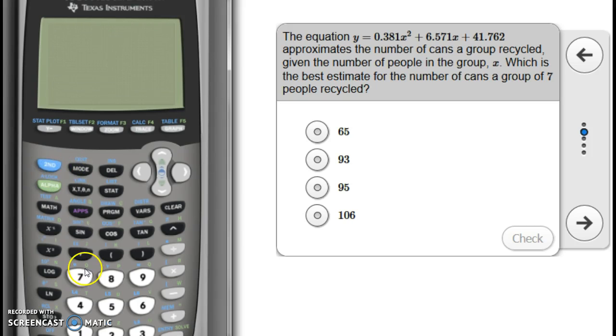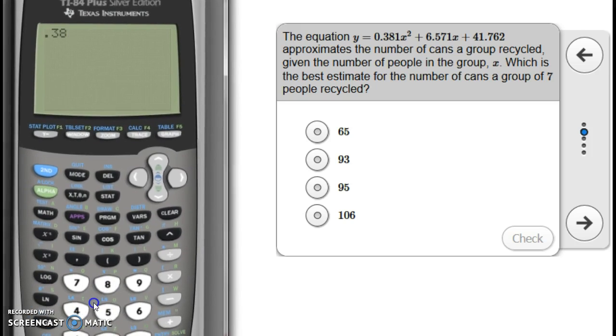Another way to do it is to just plug in x. Notice instead of putting x, I'm putting times 7 because we know the value of x is 7. And you'll get the same number.